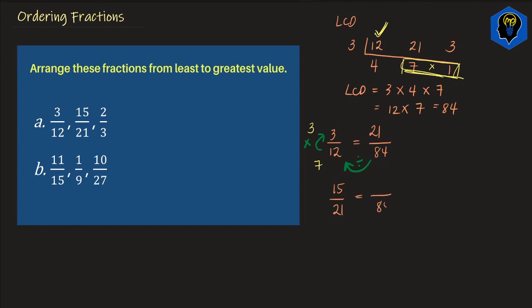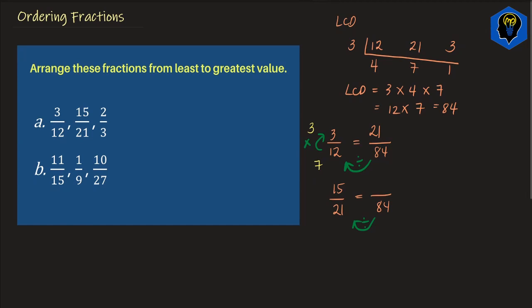You convert it to a fraction with the denominator 84. So, again, we divide 84 by 21. Okay, so going back to our continuous division earlier, what do we do? Okay, wait lang ha. Okay. So, 84 divided by 21.